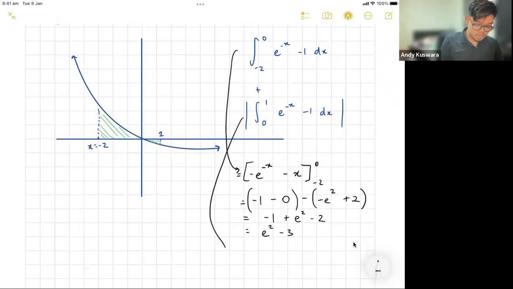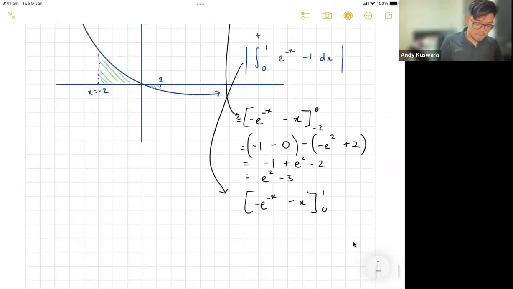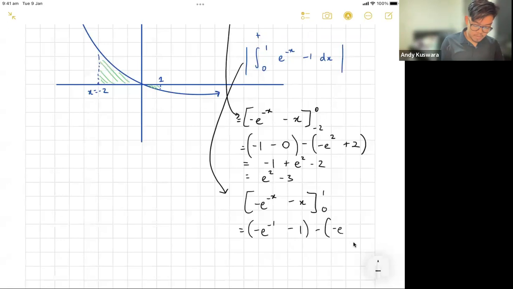Let's do this one now. So this one here is again the same thing, negative e to the negative x, take away x, but this time evaluating it between 1 and 0. And we get minus e to the -1, minus 1, take away negative e to the 0 minus 0.